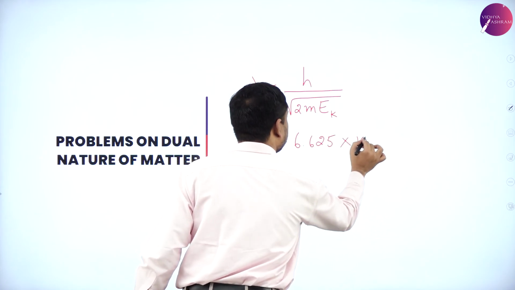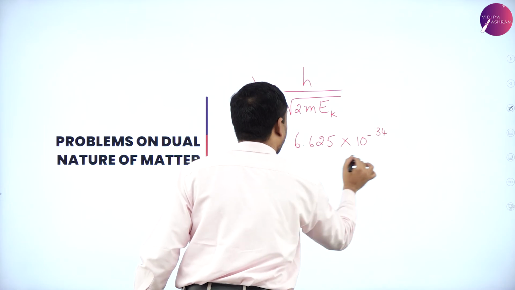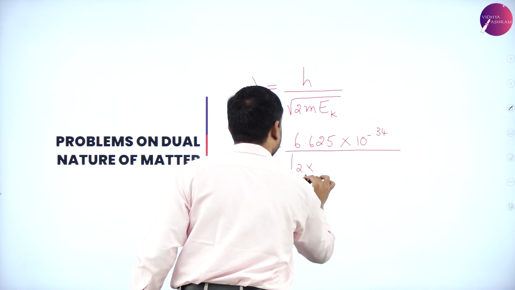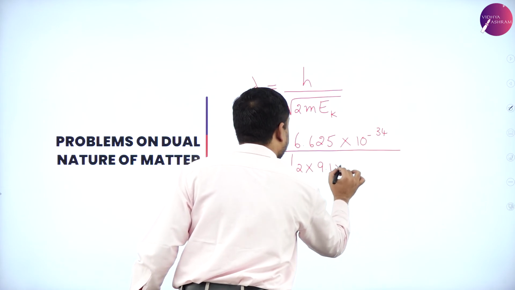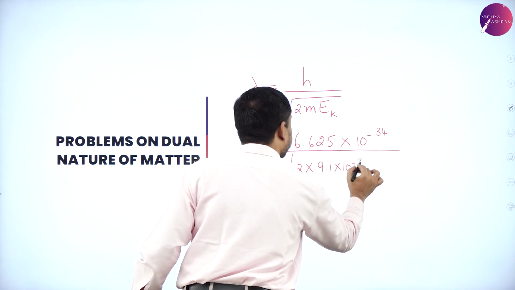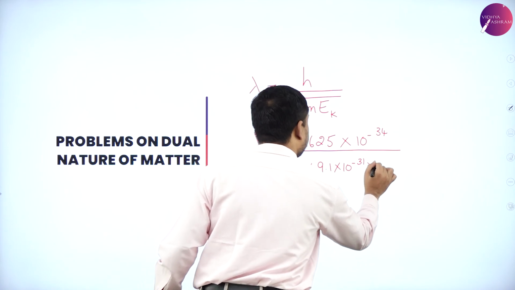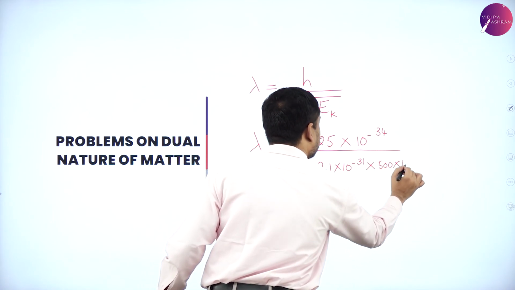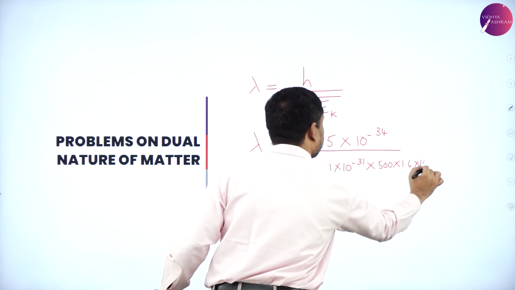Again on simplification, 6.625 into 10 power minus 34, root of 2 into 9.1 into 10 power minus 31, into 500 into 1.6.